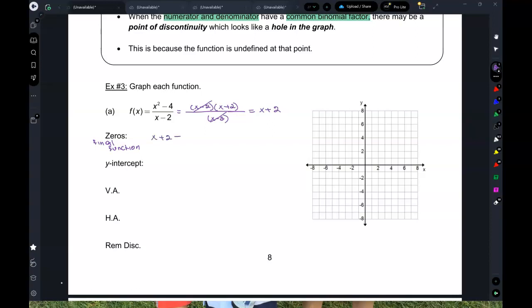So x plus 2 equal to 0, x equals -2. For the y-intercept, also the final function, y equals 0 plus 2, y equals 2. So far I have this and I have this. Vertical asymptote.